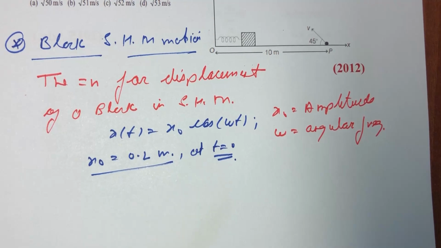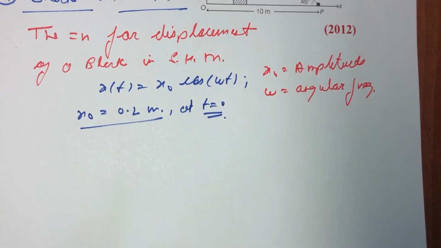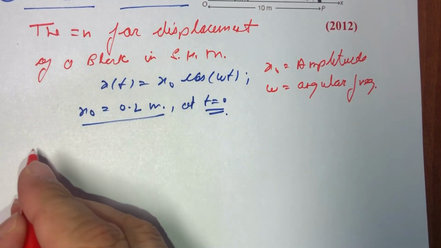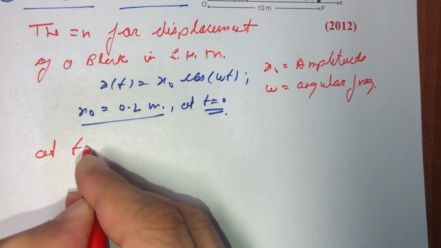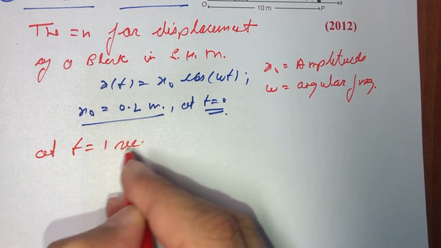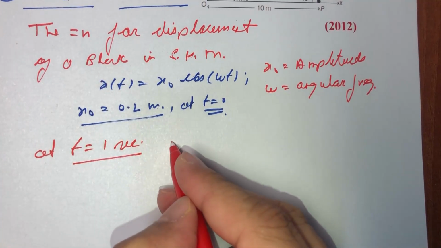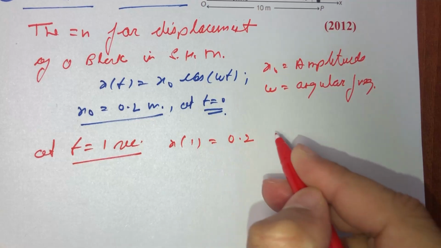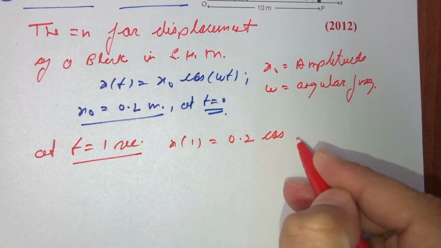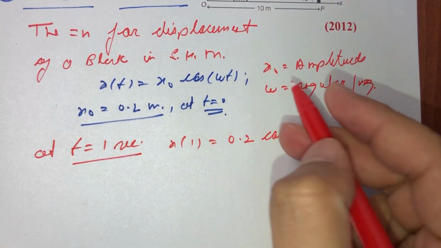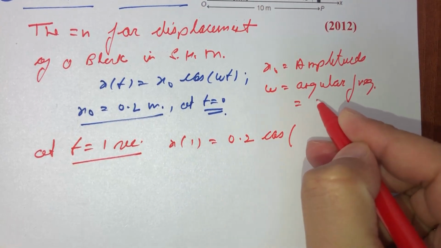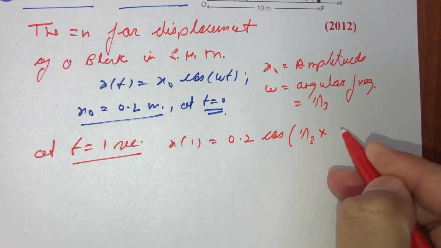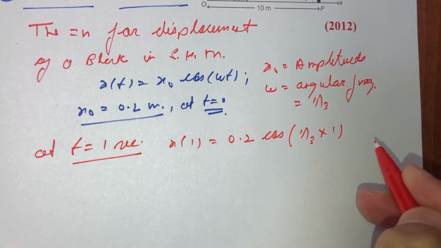So let's find out what will be the displacement at time t equal to 1 second. At t equal to 1 second, we get x of 1 equal to 0.2 cos of angular frequency, which is given as pi by 3, multiplied by 1.